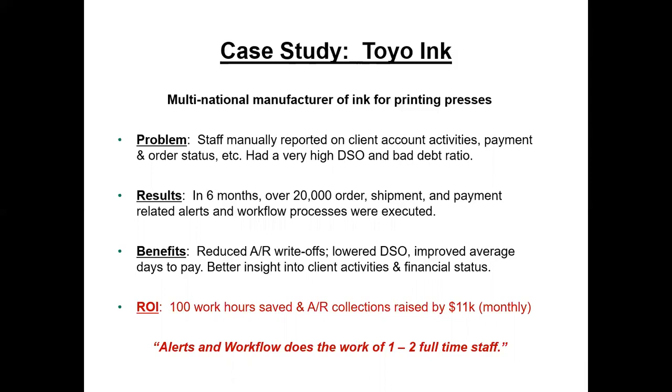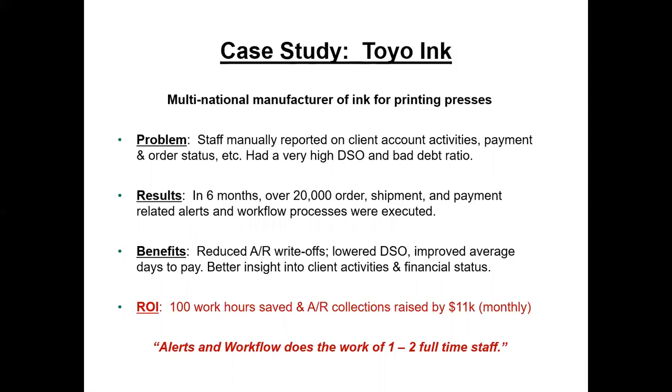In fact, 6 months after implementing Alerts and Workflow, Toyo Inc. came to us and said that they had just passed over 20,000 delivered alert messages. To me, the most telling lines are the last two on this slide.